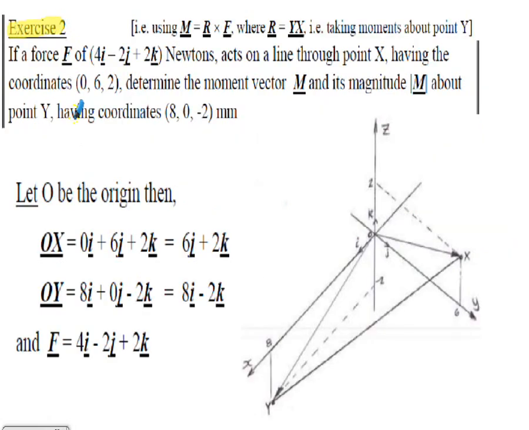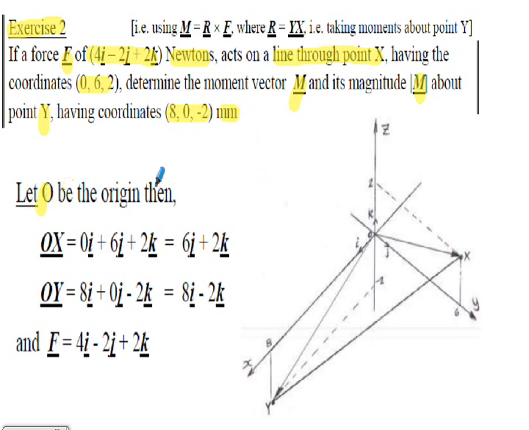Exercise 2. So we've got a force F of 4i minus 2j plus 2k newtons. It acts on a line through a point X, which has the coordinates of 0, 6 and 2. We're asked to find the vector M and its magnitude about a point Y with the coordinates of 8, 0 and minus 2, in millimeters.